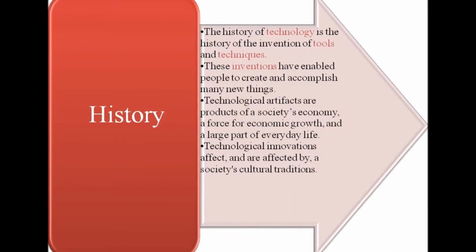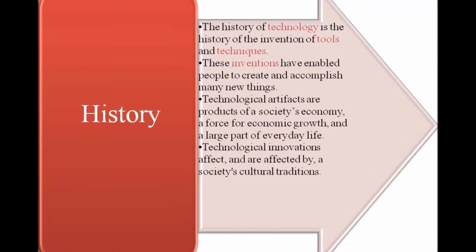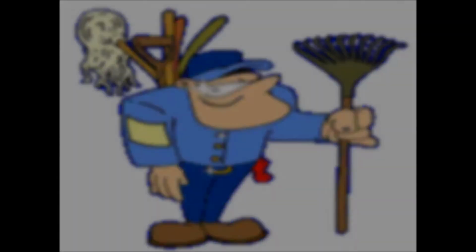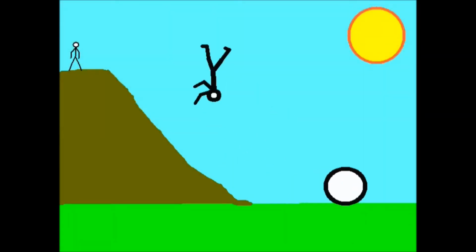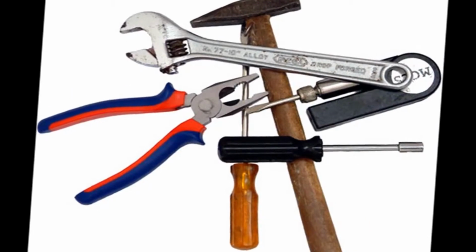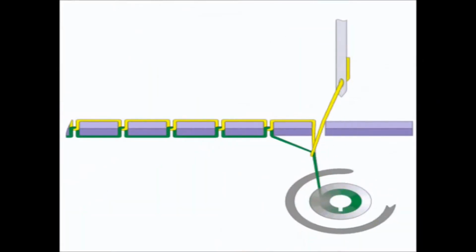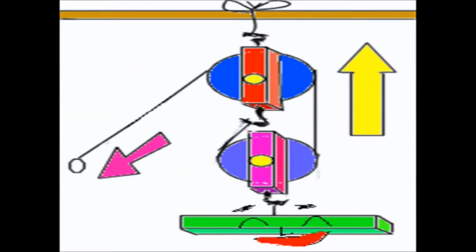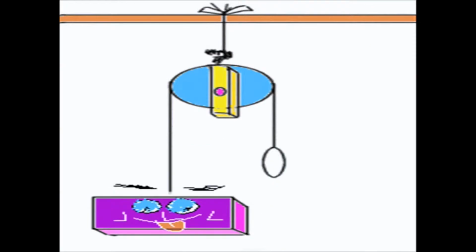Before we know all that, we should know the history of technology and engineering. The history of technology is the history of the invention of tools and techniques. These inventions have enabled people to create and accomplish many new things. Technological artifacts are products of a society's economy, a force for economic growth, and a large part of everyday life.